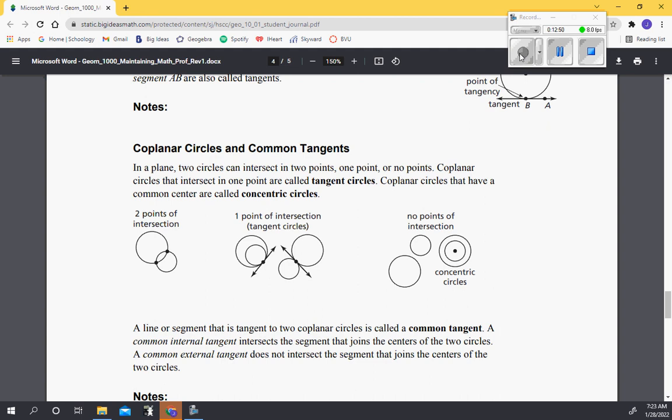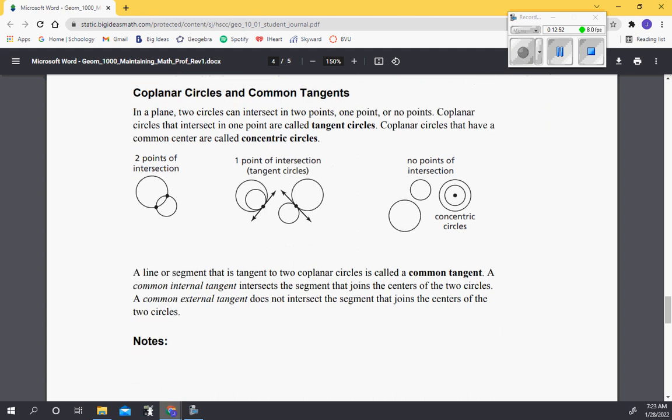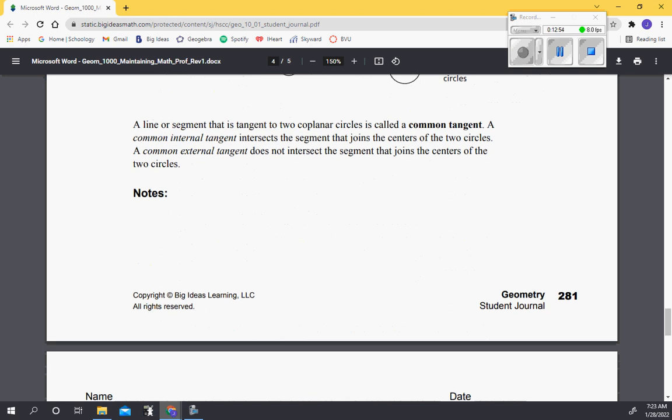The last definition is a common tangent. Now, this is what I want to talk about because I feel like this can get confusing. A common tangent is a line segment that is tangent to 2 coplanar circles. So here's a great example I'll draw. Here's a circle, call that the center, and I'll do a smaller circle with that center.